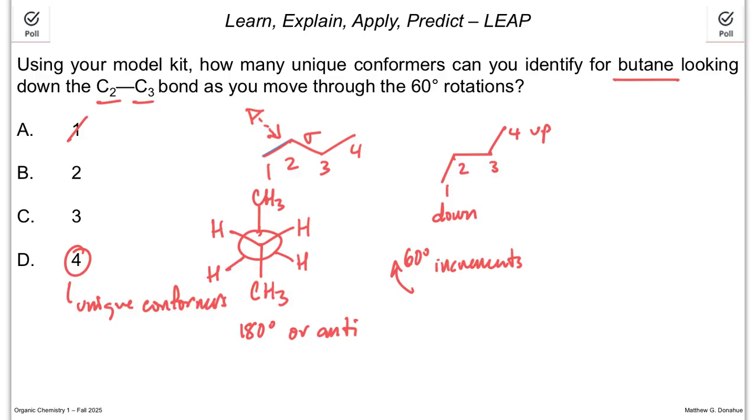So 180 and 0 are both in the same plane, but they have different angles. So 180, and then 0. So the 0 is syn. The reason this will come back to haunt us later on: just generalize the red and blue to different substituents.